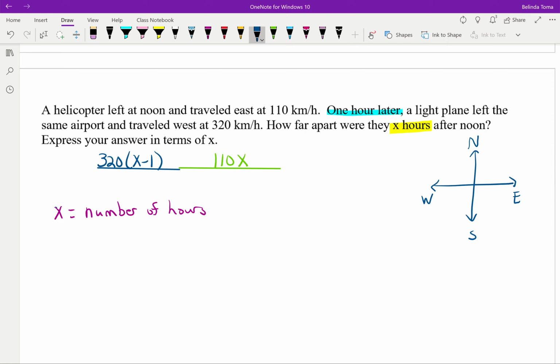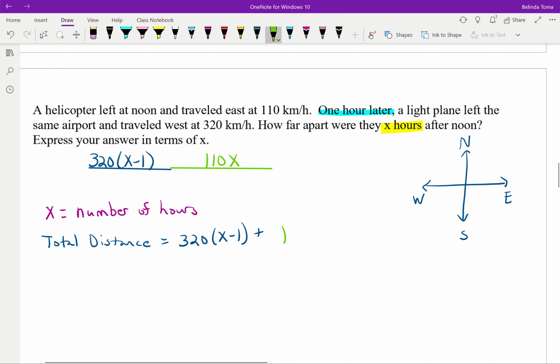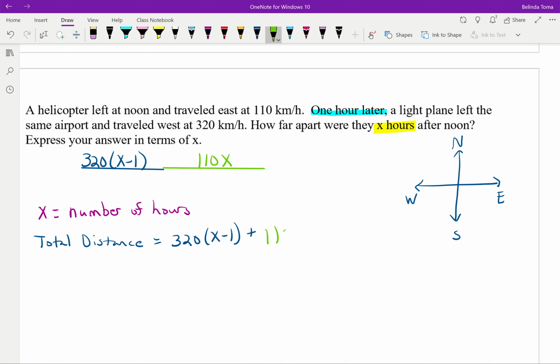And we want to know, again, how far apart were they? Their total distance is just going to be adding up the two segments. Remember, what I drew in blue is representing the distance westbound, and what I wrote in green is representing the distance eastbound. So the total distance is 320 times the quantity of x minus 1 plus the 110x.